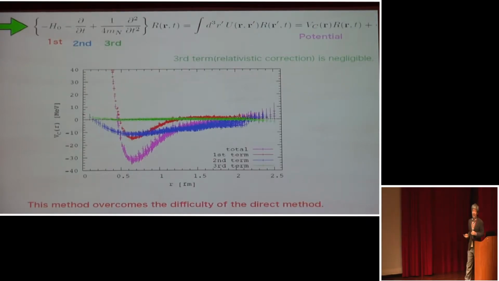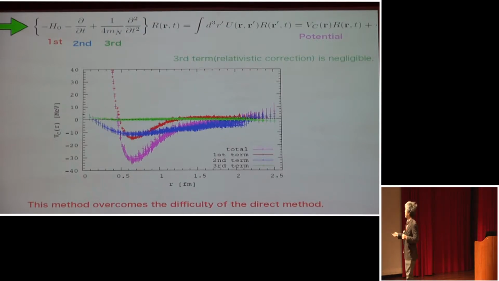This is a typical result. The red one is the first term, which determines the shape of the potential. The second term, the correction term, is blue. If only one state dominates, this term must be constant. However, because of the elastic excited state contribution, it's not constant. It depends on the distance r.